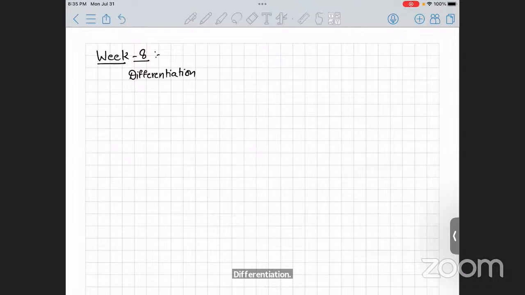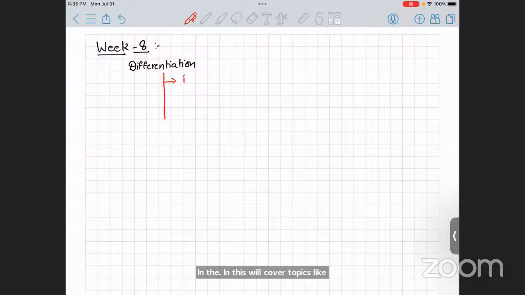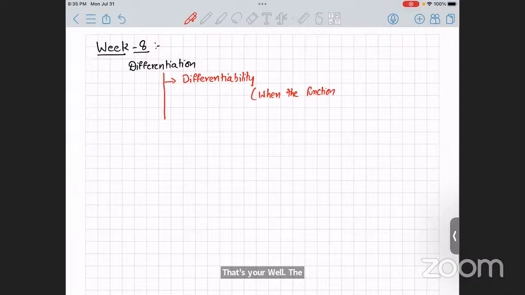Differentiation. In this, we'll cover topics like differentiability. Differentiability is nothing but when the function is said to be differentiable, it's known as differentiability.